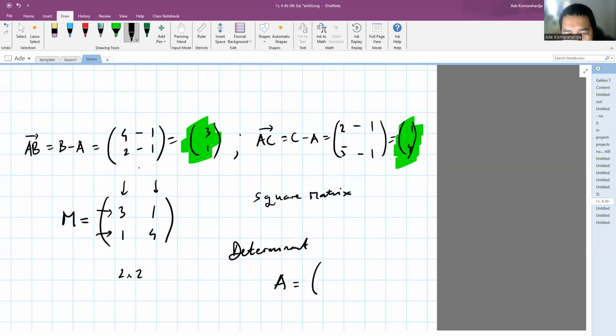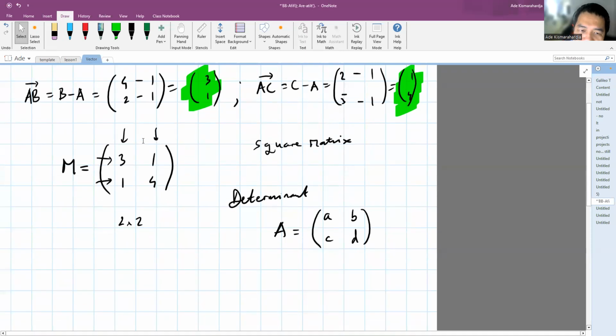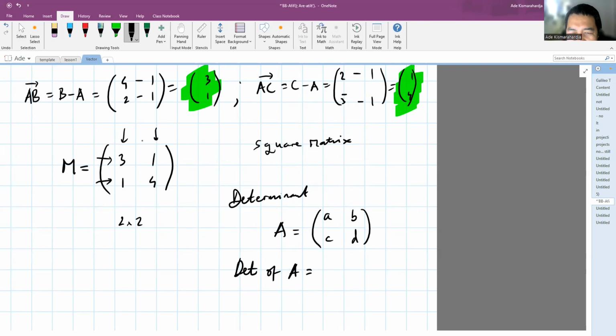Let's start with the simple matrix A, which is also a square matrix, and it has 4 elements, A, B, C, D. So the determinant of A is given by this simple formula, which is A times D, and then minus C times B. So that's how you calculate the determinant of a 2 by 2 matrix. So in this case, the determinant of M is simply 3 times 4 minus 1 times 1.